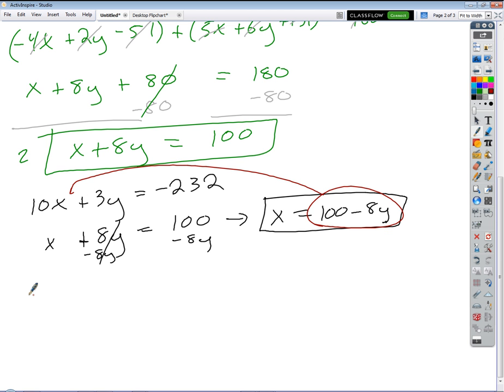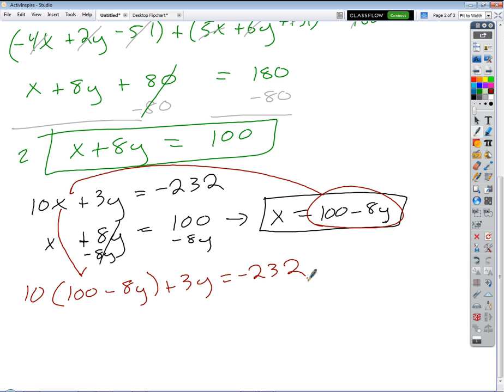If I do that, I'm going to get 10 times the quantity 100 minus 8y. So there's my 10x, right? Plus, everybody see that? All I did was put that in where the x was. Plus 3y equals negative 232.